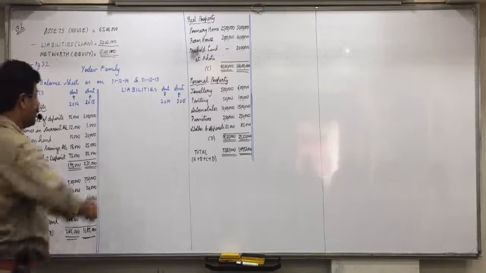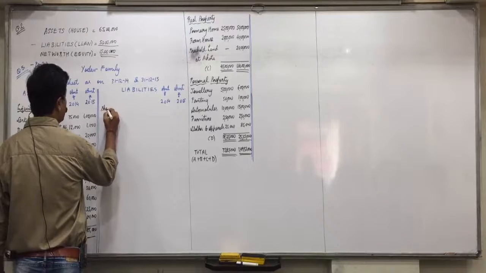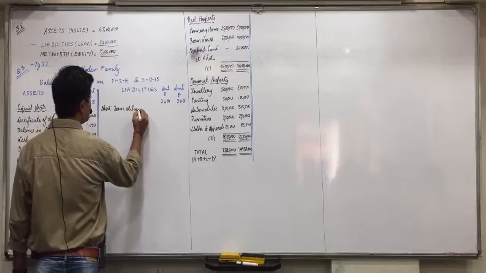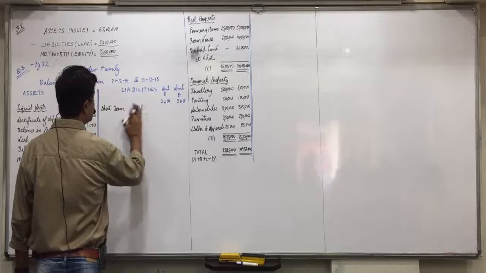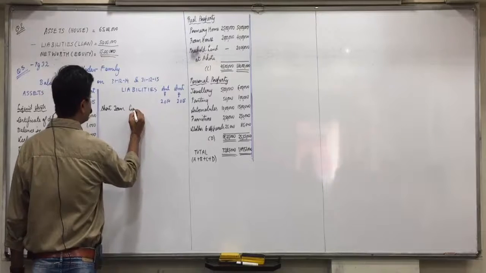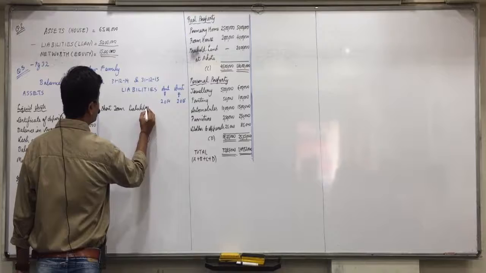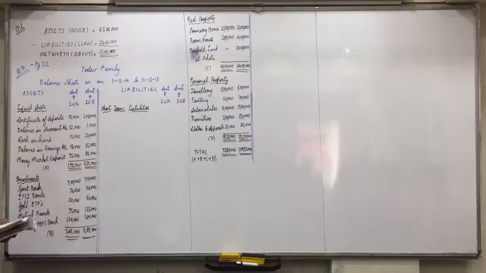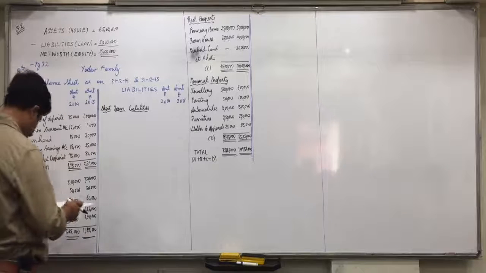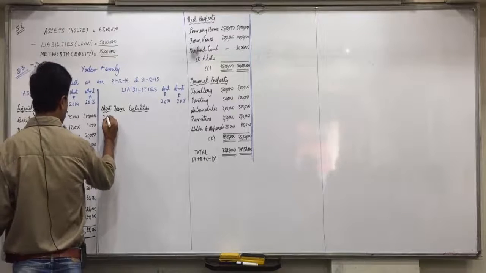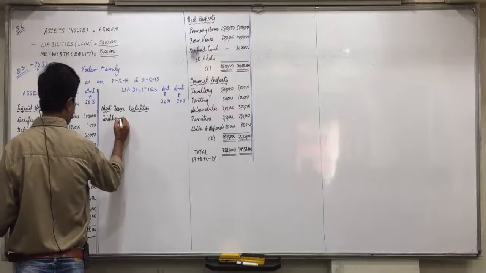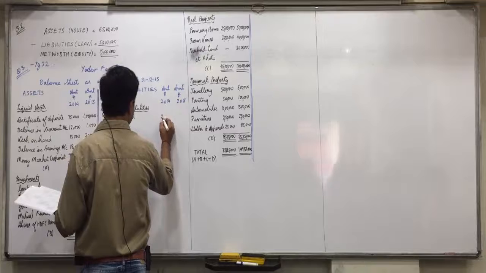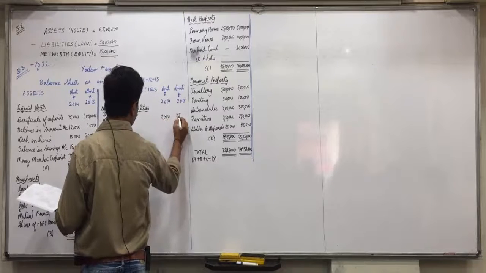The liability side, short-term obligations or short-term liabilities. Telephone bills, 2,000 and 2,500.